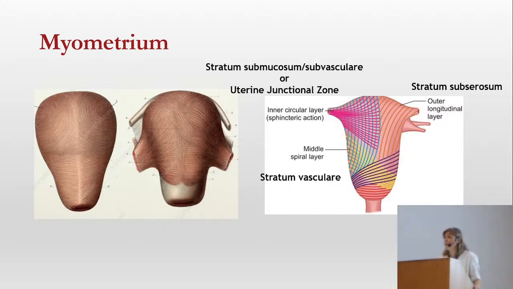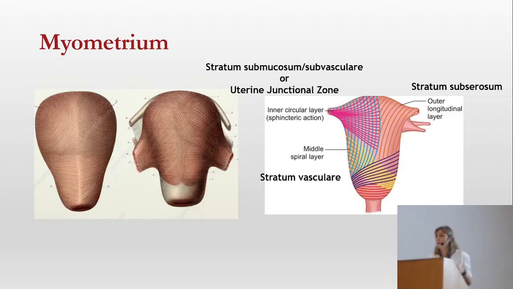Therefore, these strata are different. It is the main reason that we will have two types of contractions. Think about that. The strata have different embryological origins too, so that's why they have different responses.